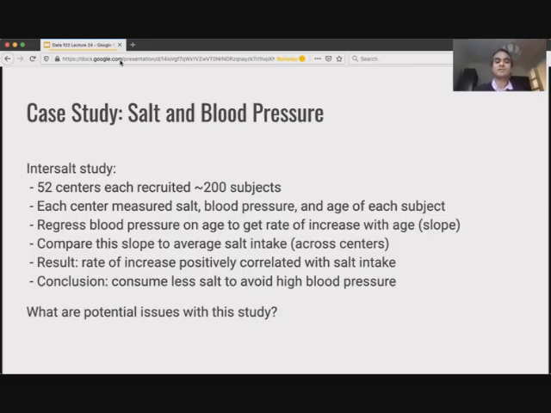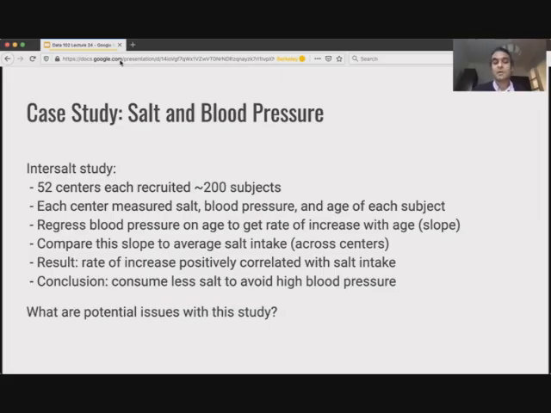So here's what they did. They did a regression of blood pressure on age. And then from that, they got a coefficient, right? Which is like the rate of increase of blood pressure with age. Then they compared this slope to the average salt intake. So for every center you look at the slope and you look at the average salt intake, with the idea that people in the same center, maybe they're in the same culture, they eat the same kind of food, more salty, less salty.